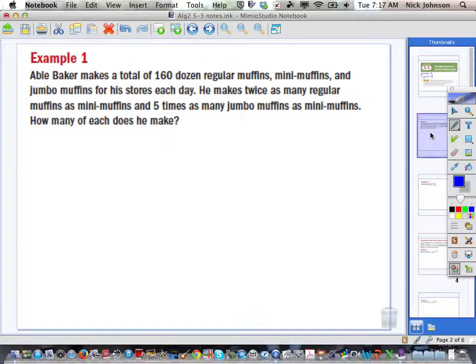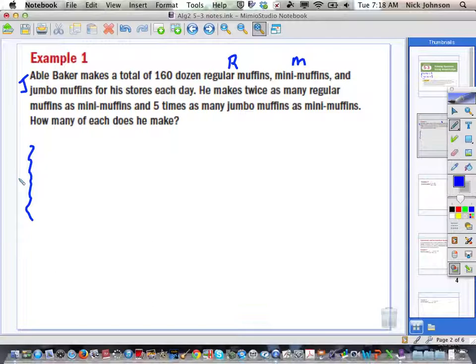So, if you notice, we have regular muffins, mini muffins, and jumbo muffins. So we have 3 different kinds of muffins. So since we have 3 different kinds of muffins, we have to have 3 different equations. Okay?